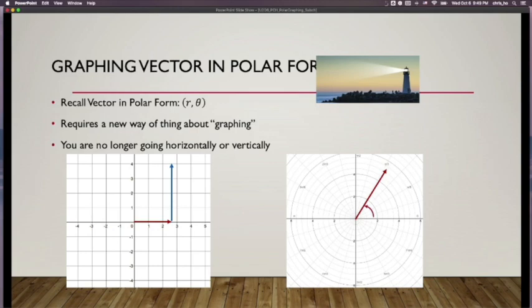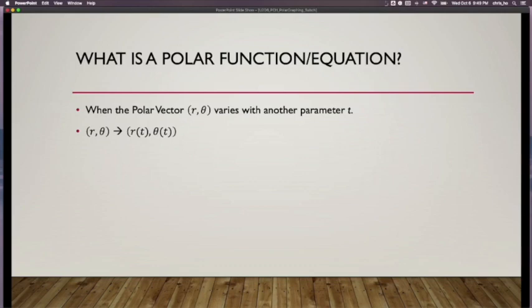So let's take a look at a few examples of polar graphing. A polar vector has the form of (r, theta) that you probably remember from earlier discussions.